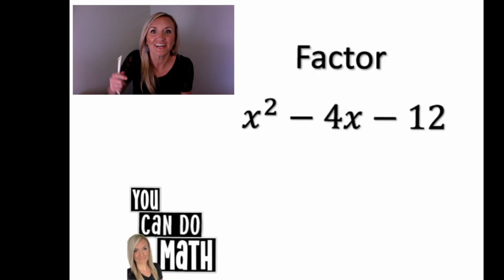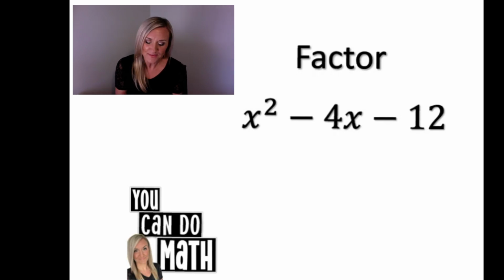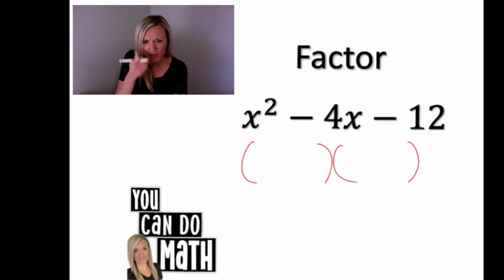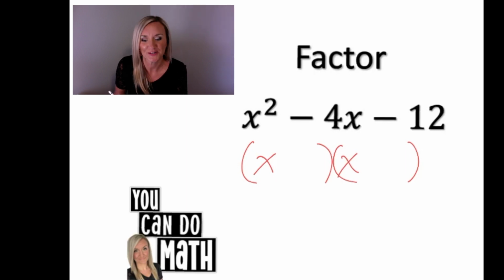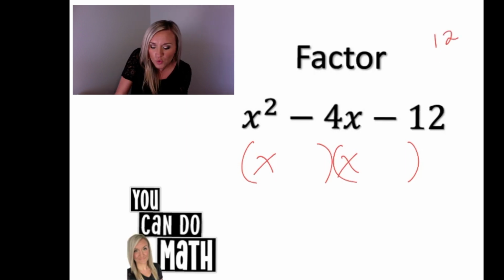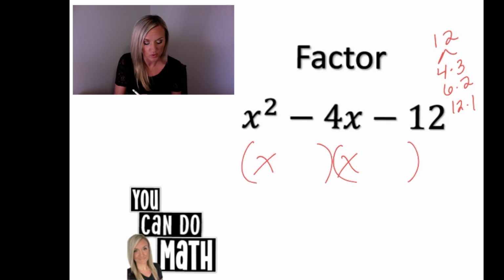Okay, hi, welcome back, guys. I'm going to take a look at the problem. I notice I just have that x squared leading coefficient of 1. So I'm going to draw two parentheses and have x times x is x squared. The factors of 12: I have 4 times 3, 6 times 2, 12 and 1. Which one of them will get me to 4?